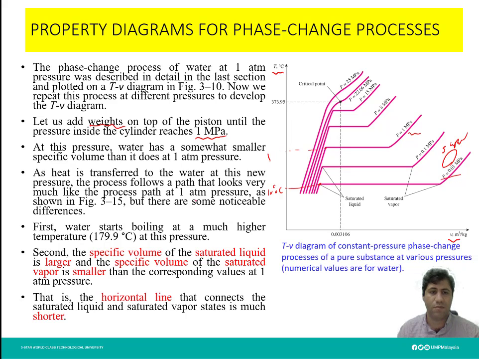For example, it was mentioned here, 179.9 degrees Celsius. So this is the difference, and this is the reason: because we have higher pressure, the phase changing also starts at a higher temperature.